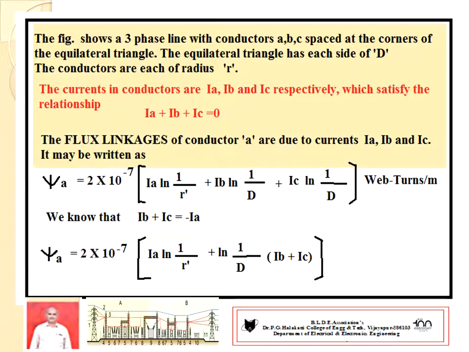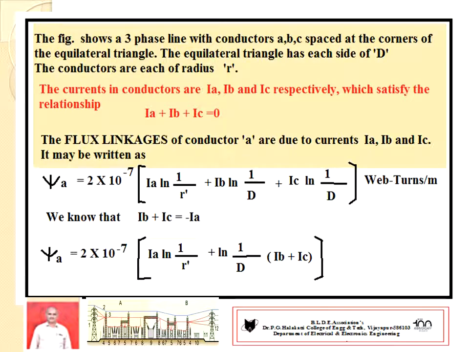And one more thing, while calculating the flux linkages of conductor A, it is due to all three currents. It may be IA, it may be IB and it may be IC.